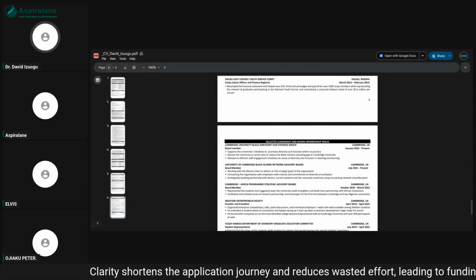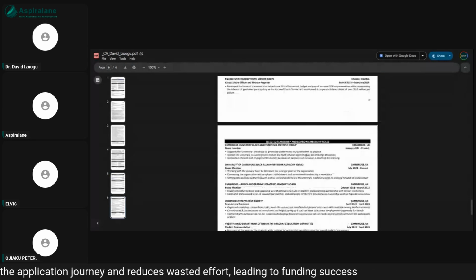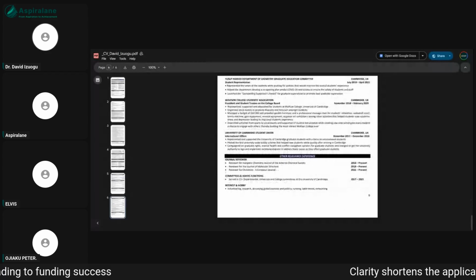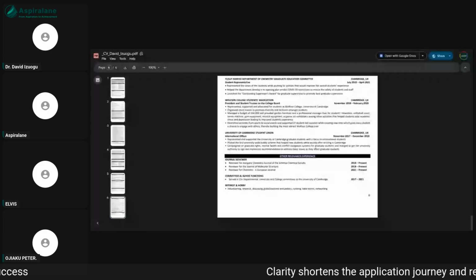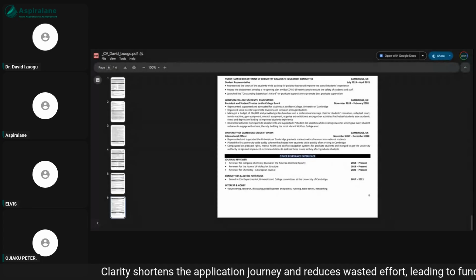This is now where non-academic related things started coming up, right? Selected leadership and board members role, other relevant experience. You see that all of these are capitalized.